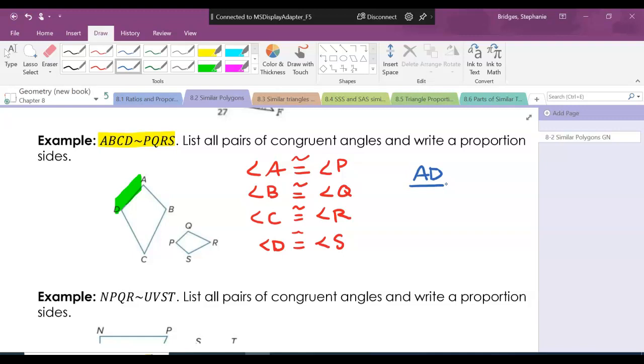You can't necessarily always look at the picture and tell. So what I'm going to do is look at my similarity statement. If I chose AD, that's the first and the last letter in my similarity statement. So what segment would be in the same position in the other? PS, yes, the first and the last. So we're going to put AD over PS.